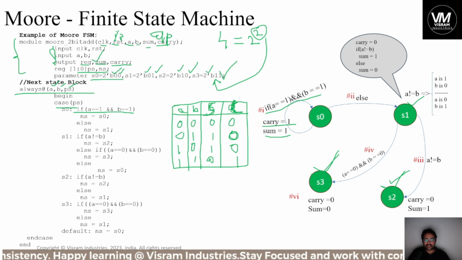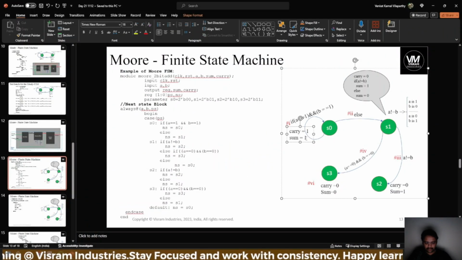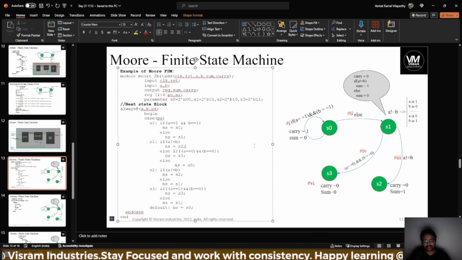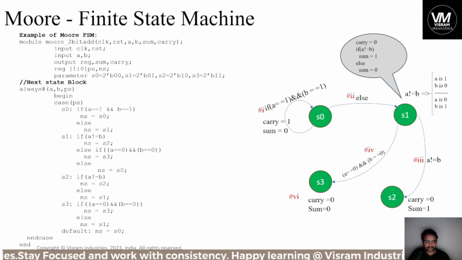So what are we taking now? We are taking into consideration carry 1 and sum is equal to 0. So our value is carry 1 and sum is equal to 0.